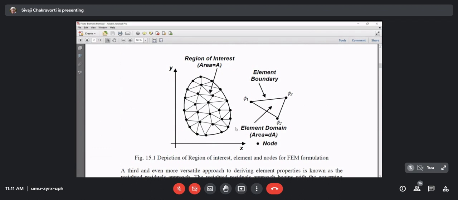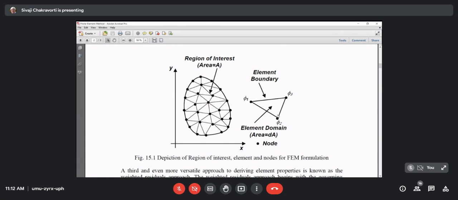But the moment we say triangle, then we generate, on the right hand side, you can see that this is the element domain. Then we say that the area of the element domain is dA, which is a small area, which is of course part of the region of interest. But then what we are going to define here is that this small subregion, in our case a triangle, is called a finite element.